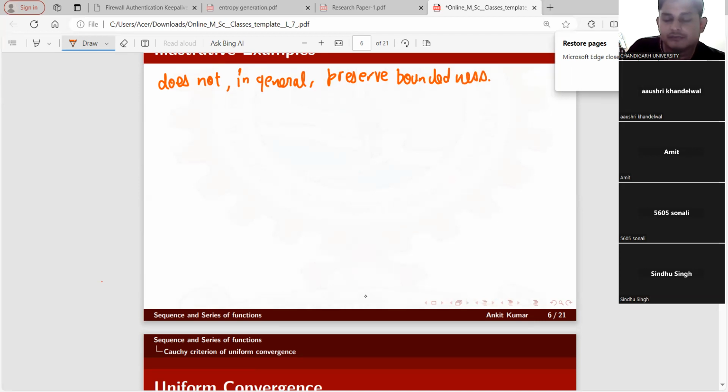Okay. So from this example, we see that the given functions are bounded, but their pointwise limit is not bounded. So the pointwise convergence does not preserve the boundedness property.